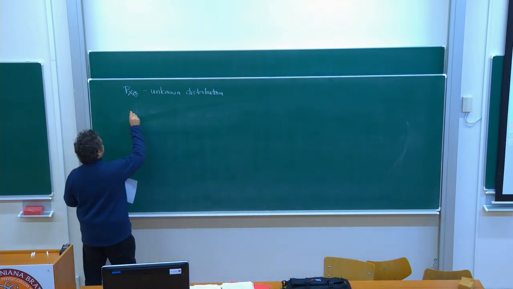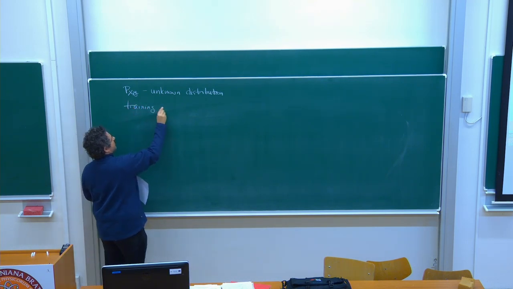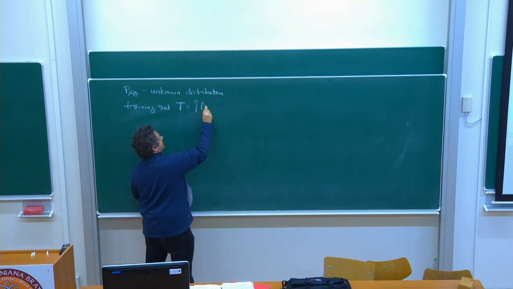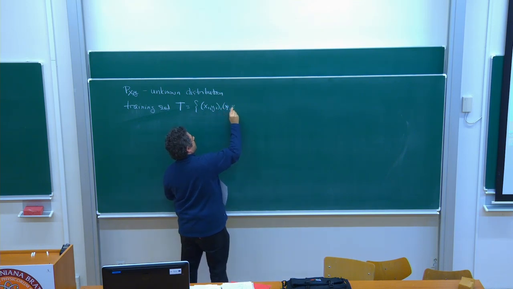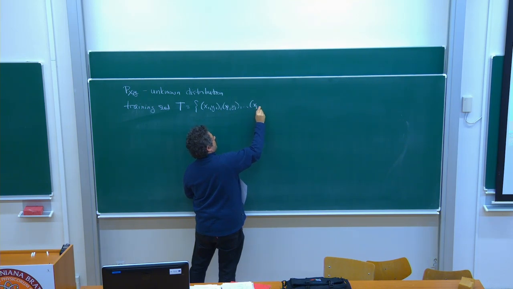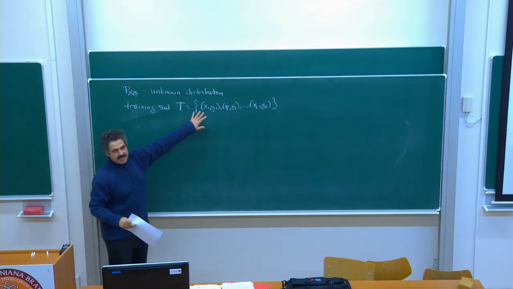Okay, and so we have assumed that the training set, which is composed of some T examples, so this is training set capital T. And these T examples were sampled from this distribution independently.